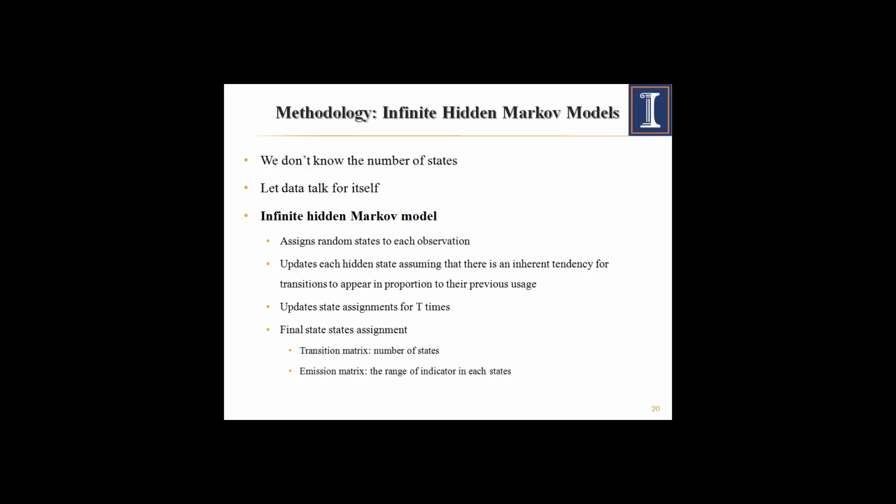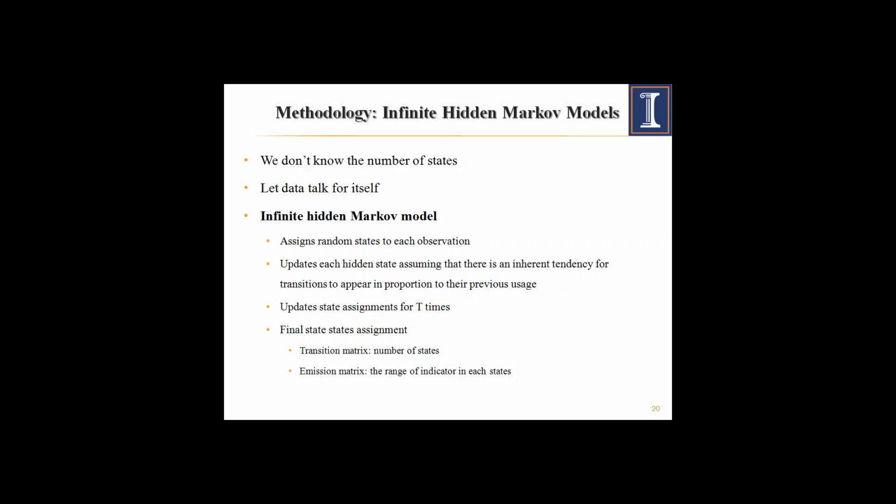But the thing is that we also don't know the number of states. Of course, we can use this hidden Markov model, and we can fix the number of states to be 2, 3, 4, 5, and then compare these. But there is an easier way also. We can let the data talk for itself, and we can use infinite hidden Markov model, where we don't need to even fix the number of states.